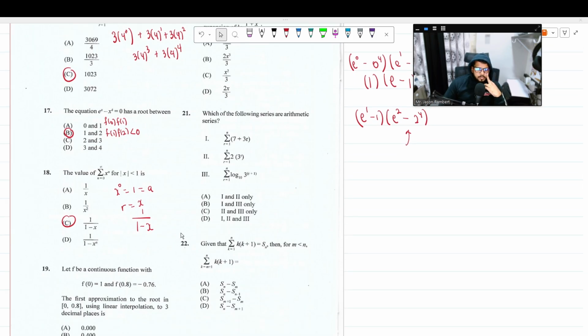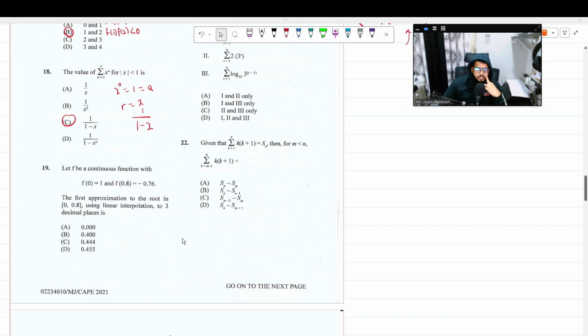Let f of x be a continuous function with linear interpolation. All right, no scene. So this is going to be a, and this is f of a, and this is b, and this is f of b. Linear interpolation says b modulus f of a plus a modulus f of b, over modulus f of b plus modulus f of a.